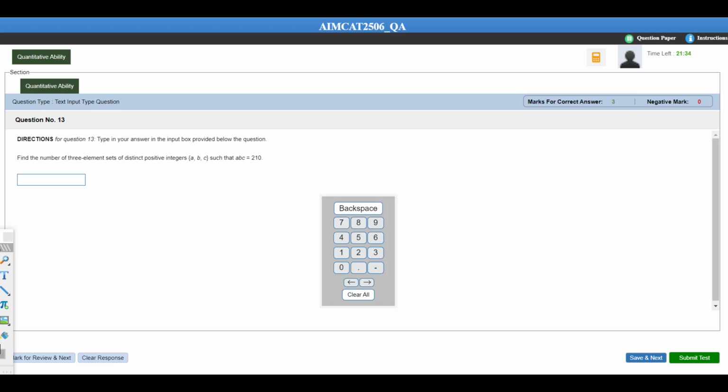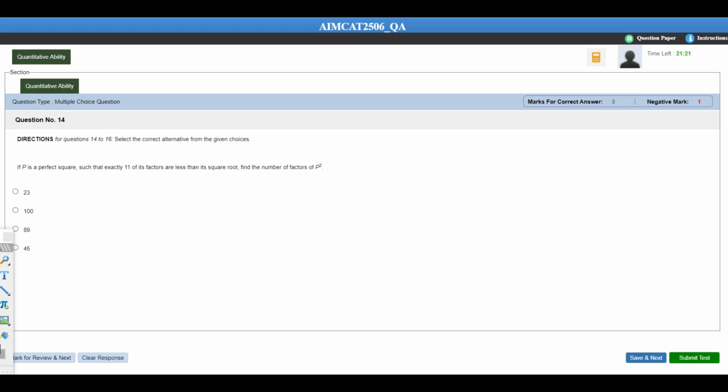Okay, looks a bit lengthy because 210 has 4 prime factors, 2, 3, 5 and 7. Hold on, we'll do it later on if time permits. After that, if p is a perfect square that has exactly 11 of its factors less than its square root, find the number of factors of p square. Easy question. Look at.